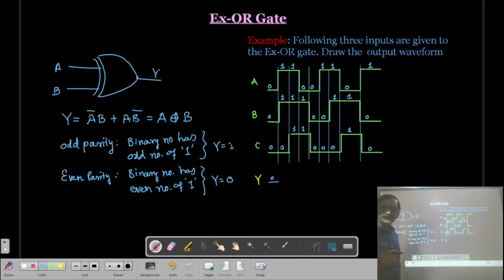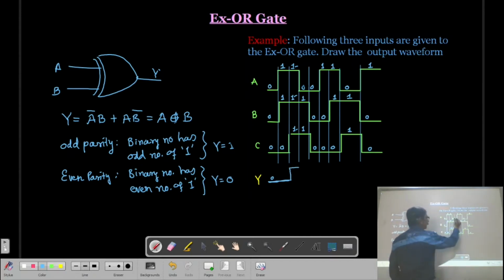That number is with the even parity, so output will be 0. Then the next one is 1, 1 and 1. So it is with the odd parity. Output will go to the high level. Then here, this is 0, 1, 1. So that number is with the even parity. Output will be 0.